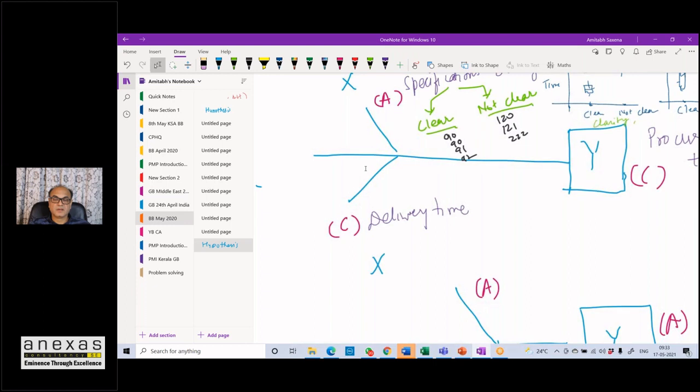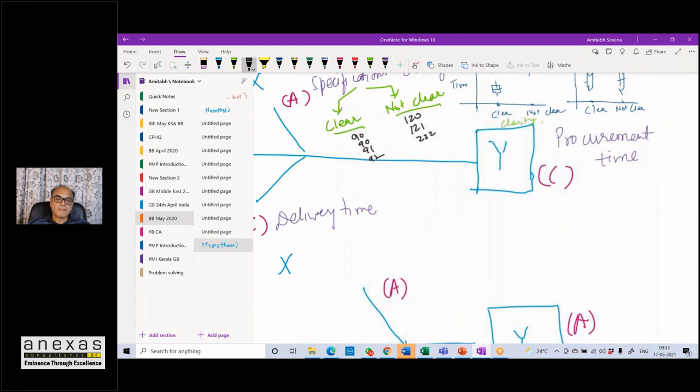Similarly, for delivery time as well, I collected the time. Of course, here both X and Y are continuous data. So I collected the data where procurement time and the delivery time were plotted on a graph that is known as scatter plot.